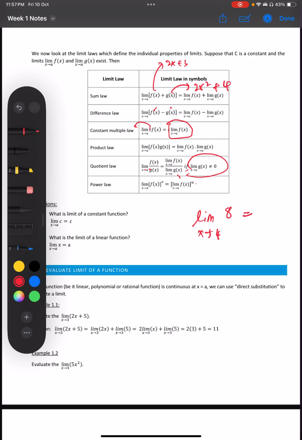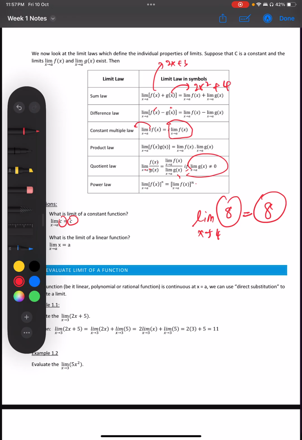So the answer is that number, because there's no variable in it. There's no x, there's no y, no dependent variable, and no independent variable. Therefore, whatever the limit, we always get that number, which is 8. Which is C here.